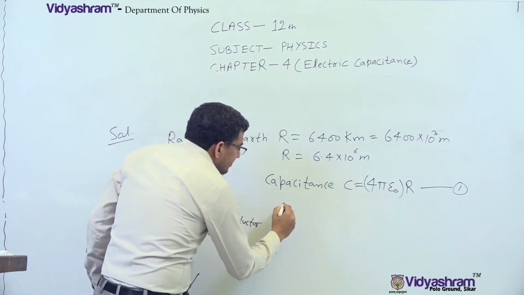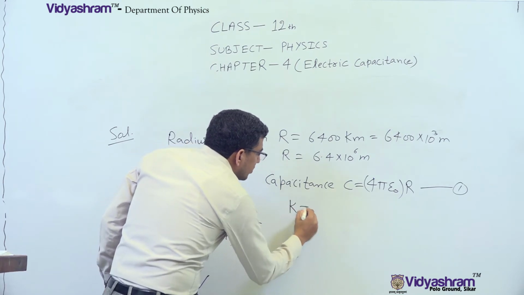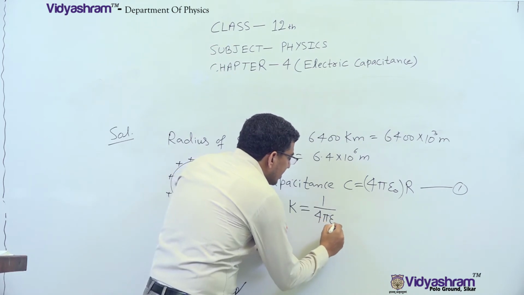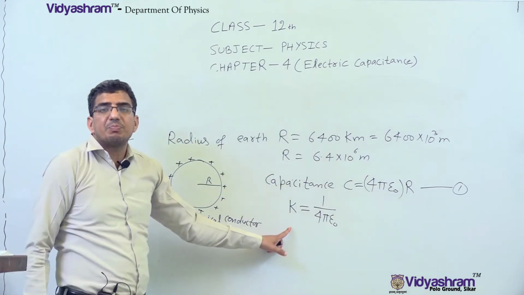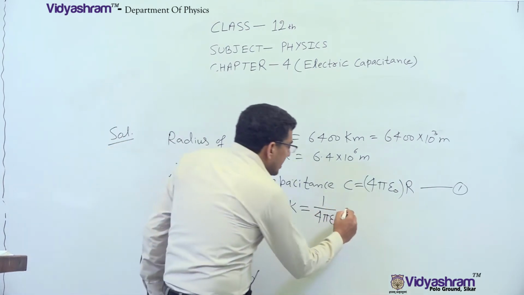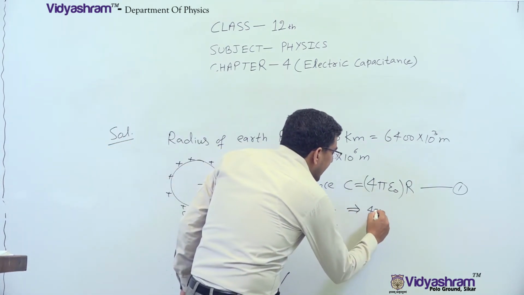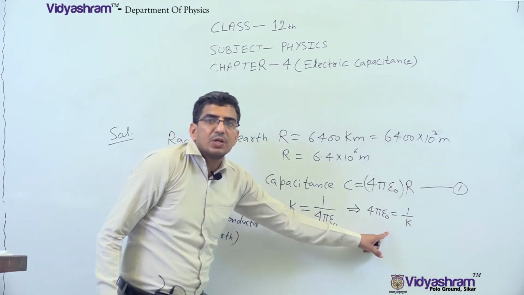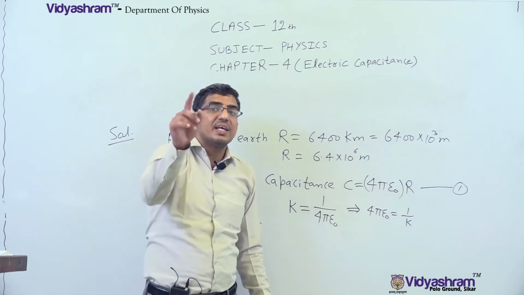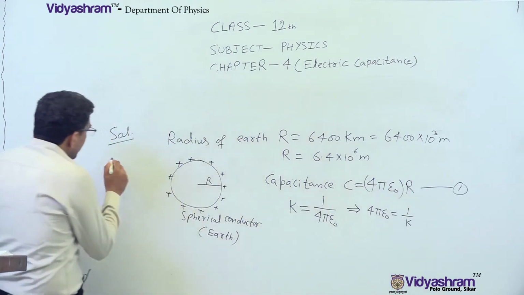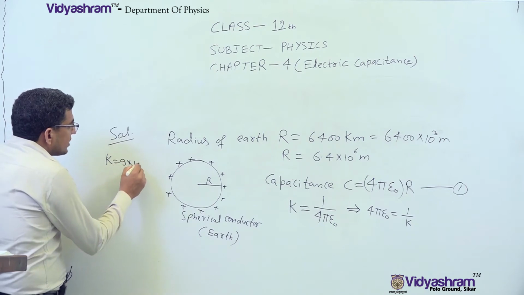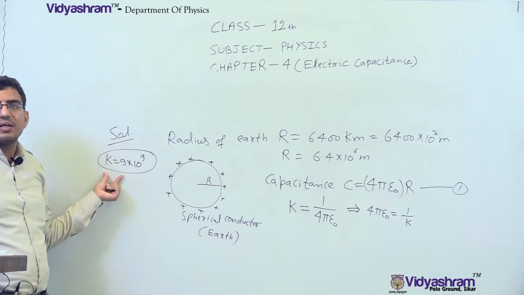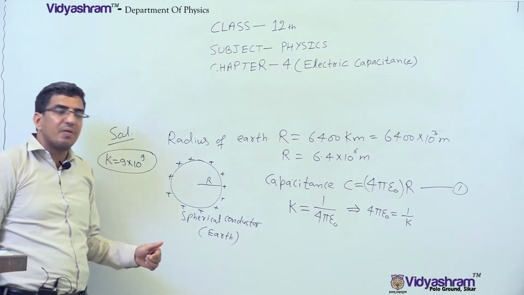We know that the proportional constant K is 1 upon 4 pi epsilon naught, which implies that 4 pi epsilon naught is equal to 1 upon K. The value of K, the proportional constant, is 9 into 10 power 9.